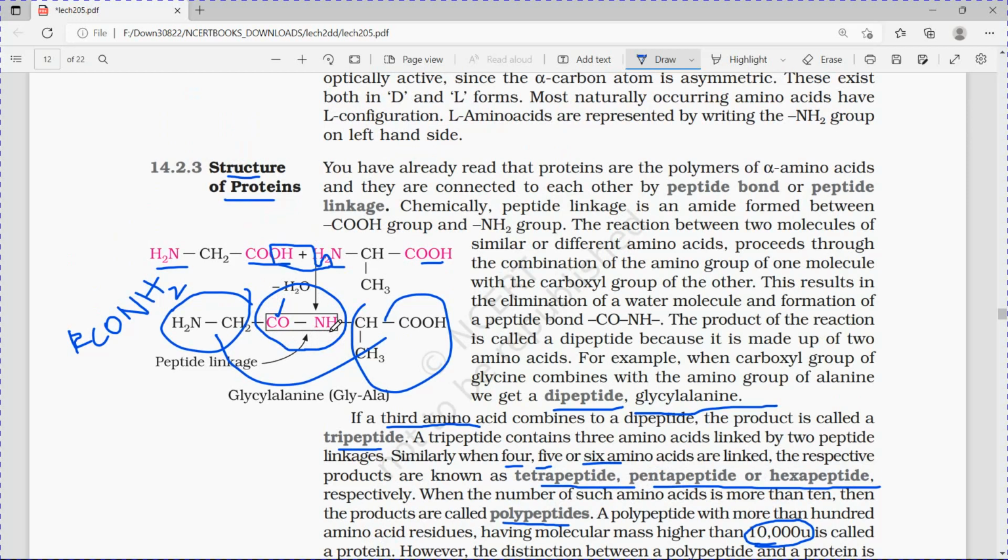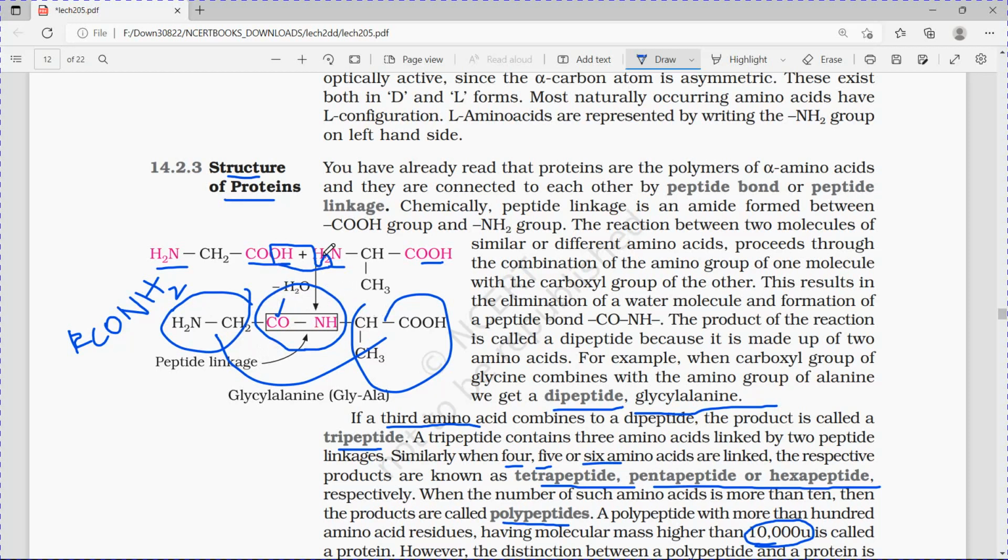The peptide linkage is nothing but this: when the acid group of one amino acid reacts with the amine group of another amino acid, a water molecule gets eliminated. There comes a linkage called peptide linkage. It is an amide of an acid as well as an amine, right? Or an amide of a COOH group and an NH2 group, right?